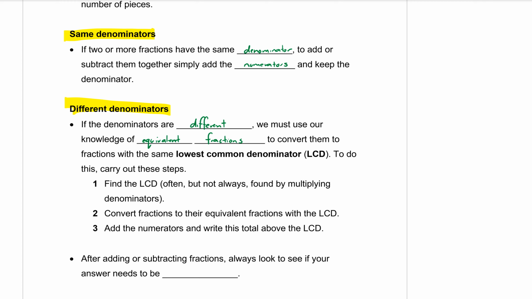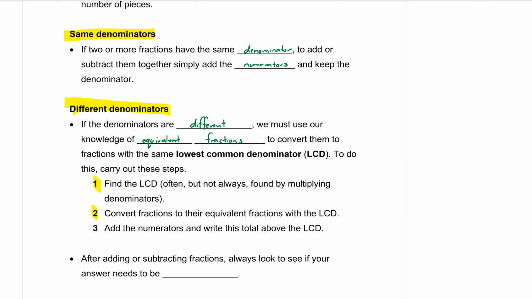So, there are some steps here to follow. First of all, we're going to have to find the lowest common denominator. Often, but not always, this can be found by multiplying the two denominators together. Then you're going to have to convert the fractions to find their equivalent numerators.